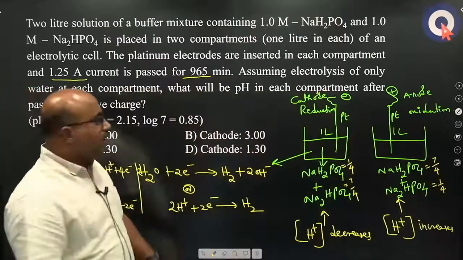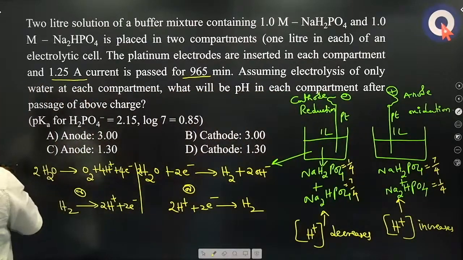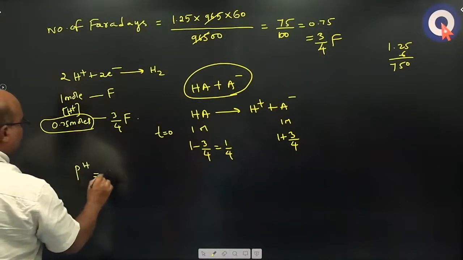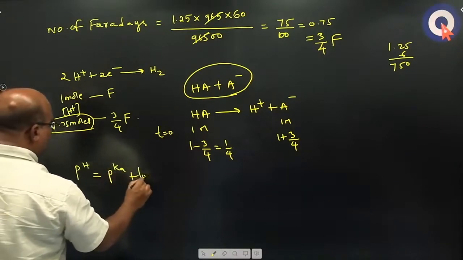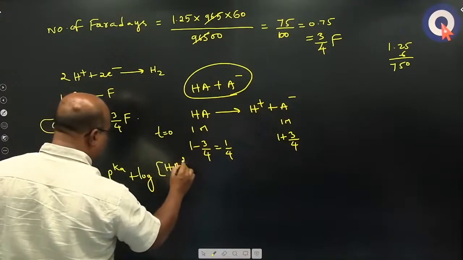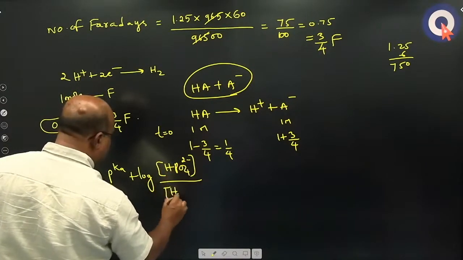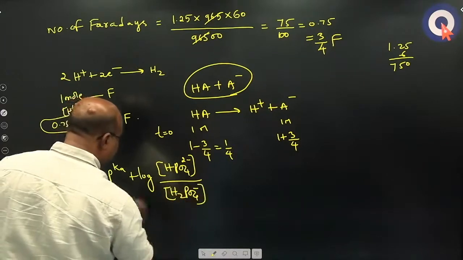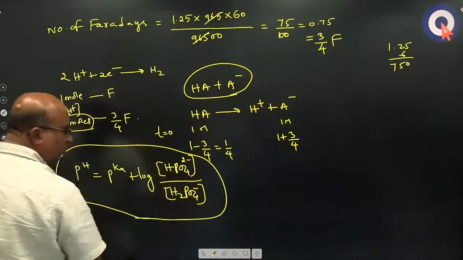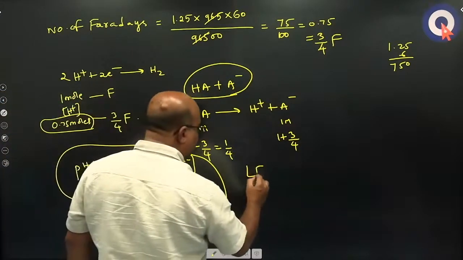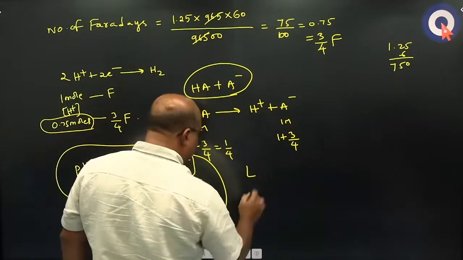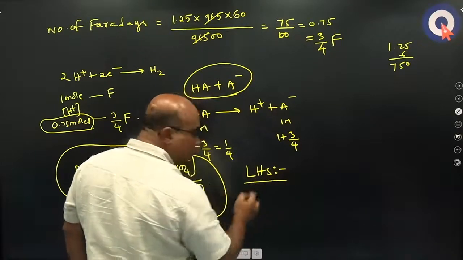Okay? So what is the pH formula for acidic buffers? pH is equal to pKa plus log of the concentration of HPO4 2 minus by H2PO4 minus. So already you can use this to calculate pH in each compartment. What is the left side compartment? Here, LHS, the left side compartment. What is its pH?